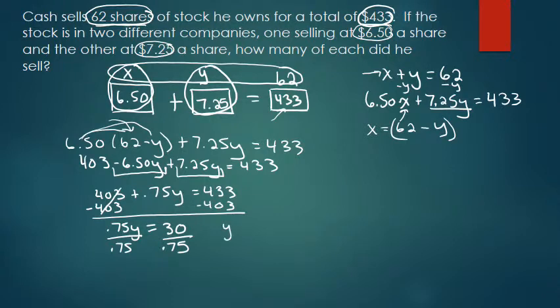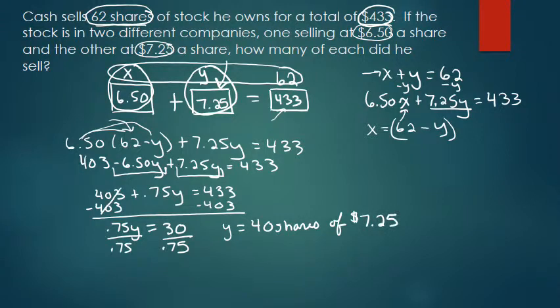So y equals 40. And again, we need to also include our units, which we need to remember on all application problems. We solved for shares of, and it was the $7.25 stock, and I can look back up here to remind myself what Y stands for. So 40 shares of $7.25 stock.